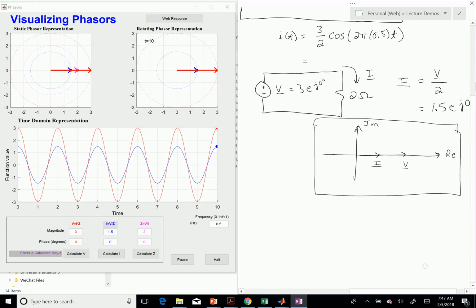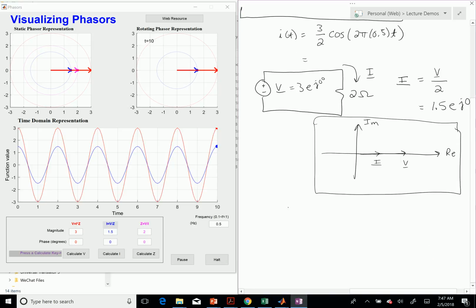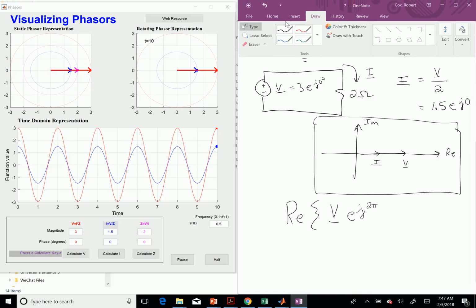In other words, what that guy is going to show me when I run this thing, I'm not running it yet, is it's going to show me a couple of things. It's going to basically plot v e to the j omega t, where my omega is 2 pi. Let me keep it general for a minute.